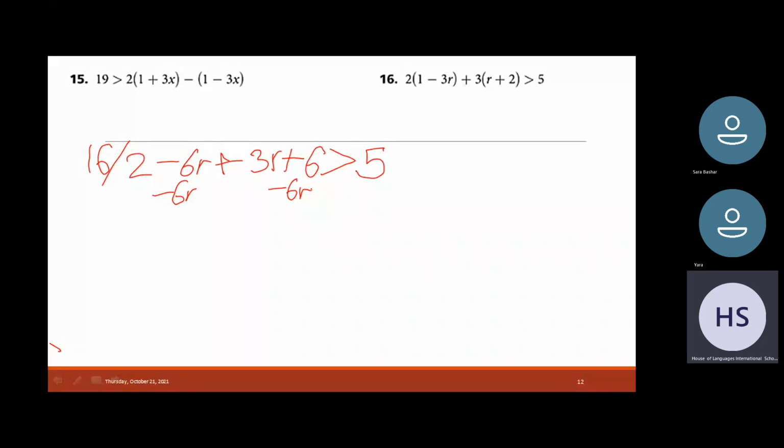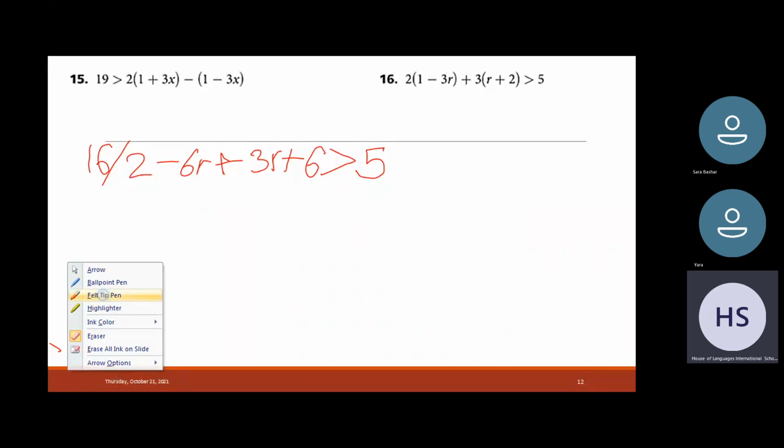Sorry, wait, stop. Here you have to combine the like terms. Negative r and r are the same variable with the same power.